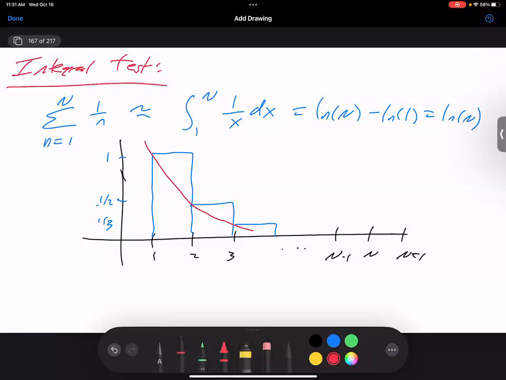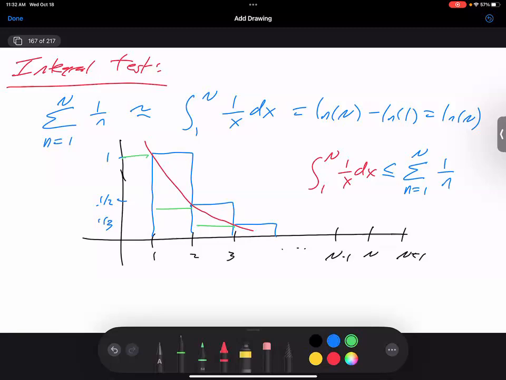Do we agree that the blue boxes are going to exceed the red boxes? And we could also do things the other way and go backwards like this. And if we go like this, now the red exceeds the blue. So you can basically get that the integral from 1 to N of 1 over x dx should be less than or equal to the blue sum, which I think is the sum n goes from 1 to big N of 1 over n.